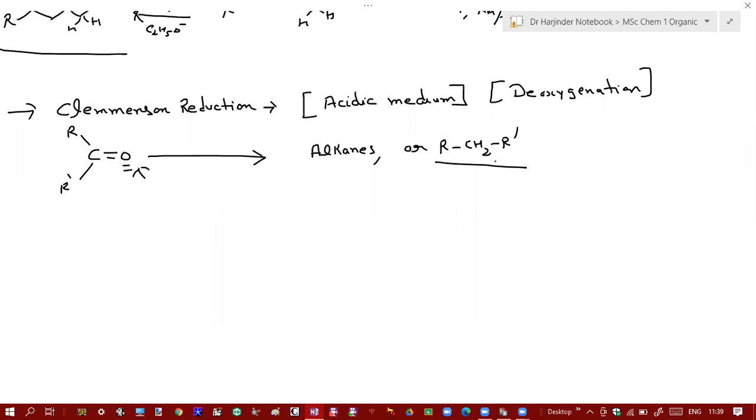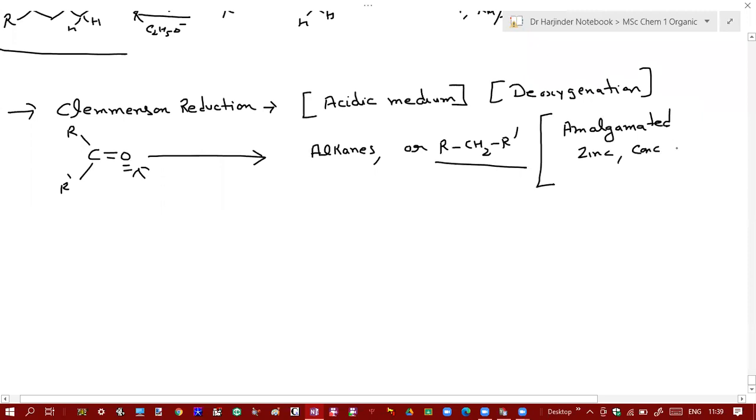And what reagents are used? In the presence of amalgamated zinc and concentrated HCl.